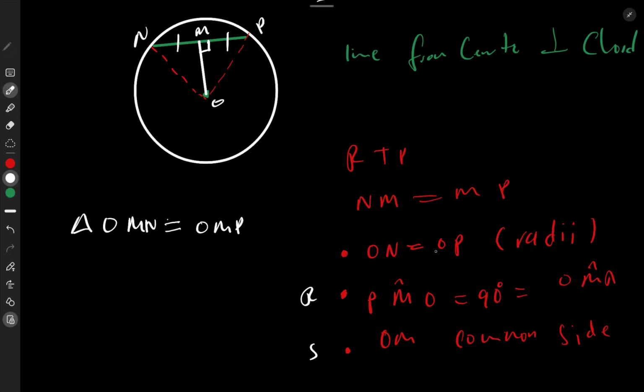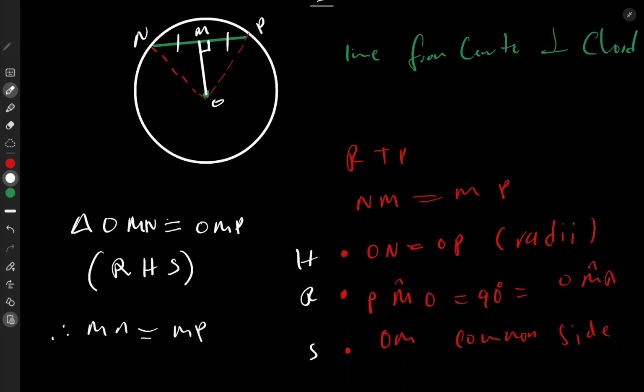So this one, for radius, we call it hypotenuse. The reason is going to be right angle, hypotenuse, side. We just saw it here. So we just proved that if these triangles are the same, therefore MN is going to equal MP.